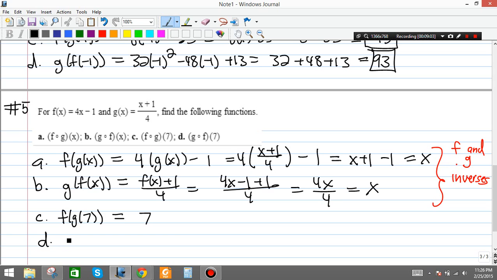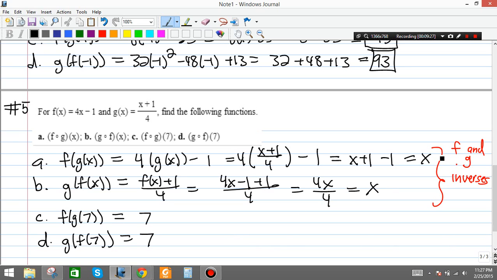And for D, g of f of 7, you put x in, you get x out. You put 7 in, you get 7 out. So you put 7 in f, and whatever f does to 7, g will undo that. That is what makes f and g inverses.